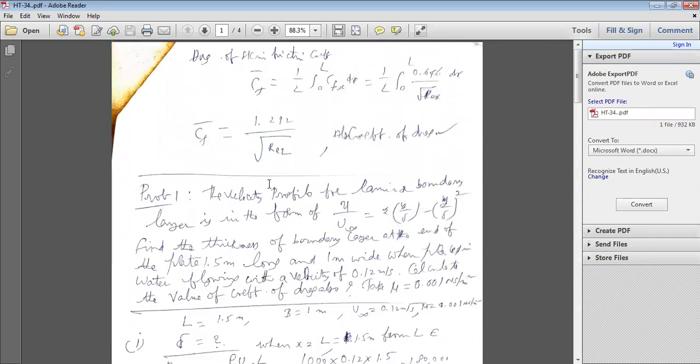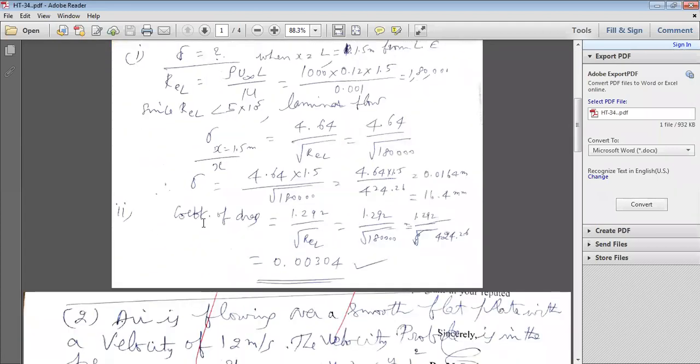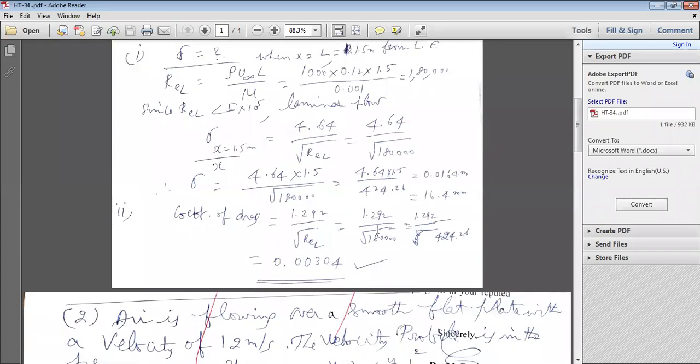How do you calculate it? It is 1.292 divided by square root of Re_L, when x is equal to L. Already you have calculated the Re_L value as 1,80,000, so 1.292 divided by square root of 1,80,000.